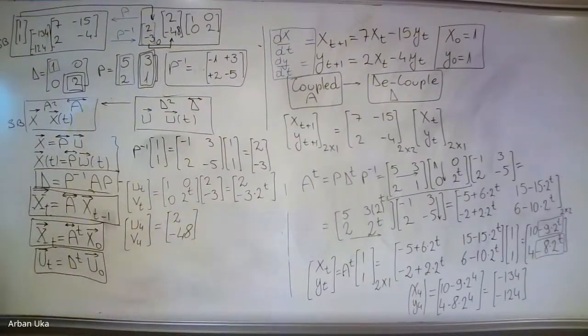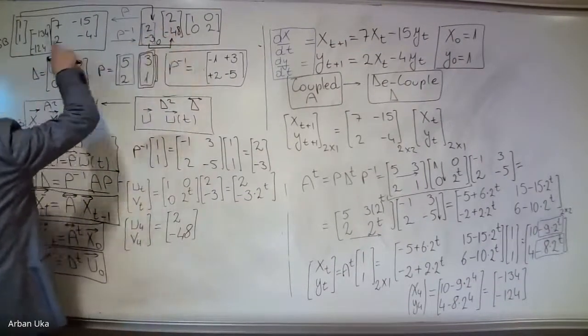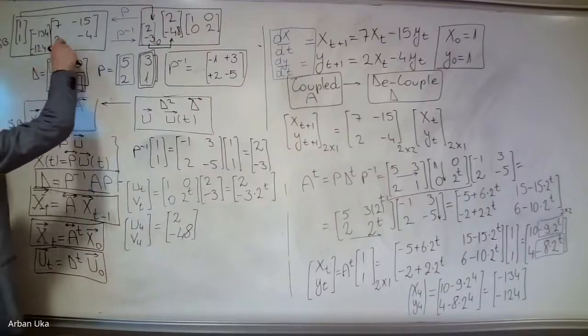But now, is there any other way to find these numbers? What we can do is find another relationship between this 2 minus 48 and this number here. Would you agree?